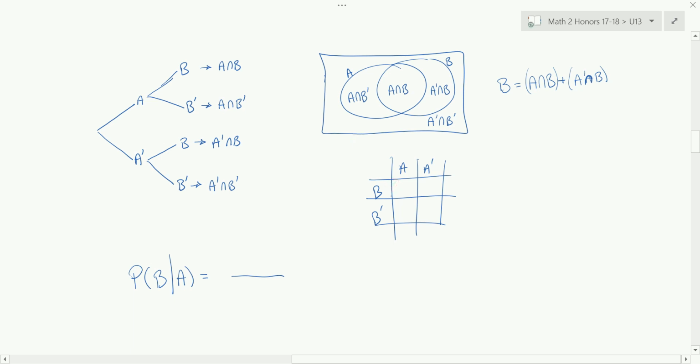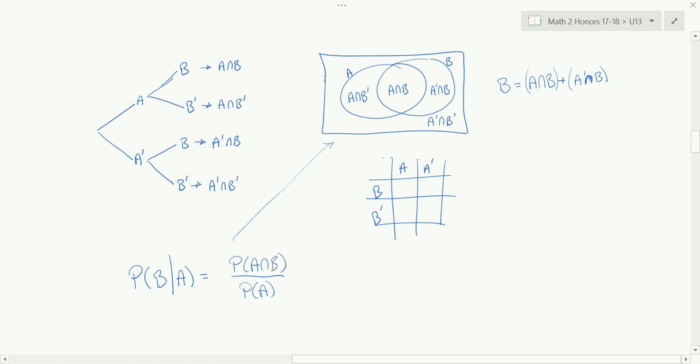If you look at the Venn diagram, it's the best picture we can use. This is saying, what's the probability of B, or that you're in circle B, given that I tell you you're in circle A. So the denominator is, we're in A. If you just look at circle A, which part is also in B? A and B. So this is the probability of A and B over the probability of A.